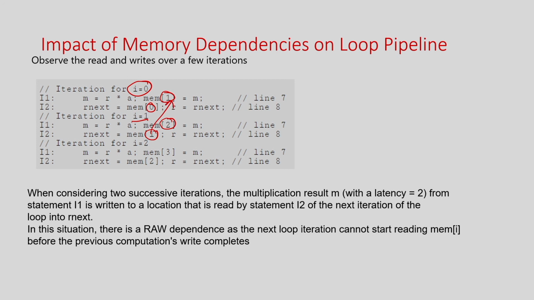That means whatever data I write in iteration 0, I am going to read in iteration 1. So, what does it mean? I have to wait until the writing is done. Unless this data is written, I cannot start the next iteration. That is where the loop carried dependency is causing a problem and pipelining is getting hindered.